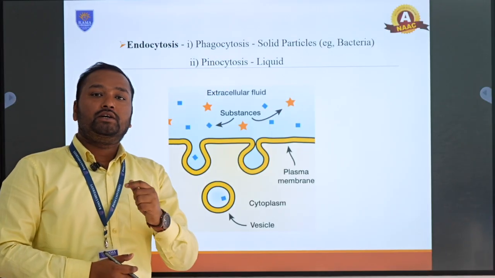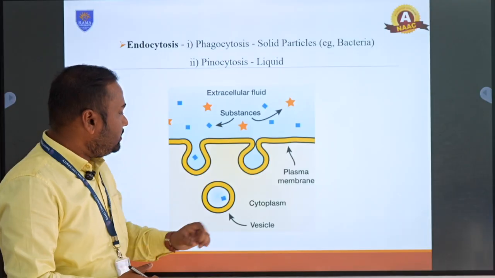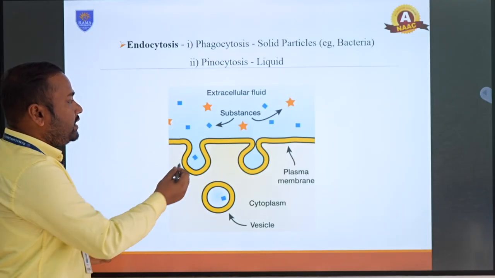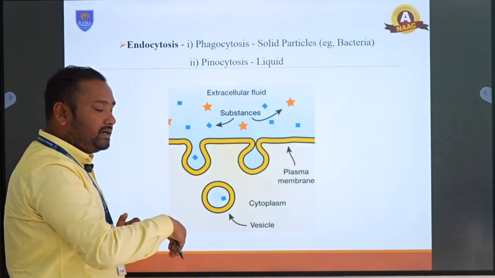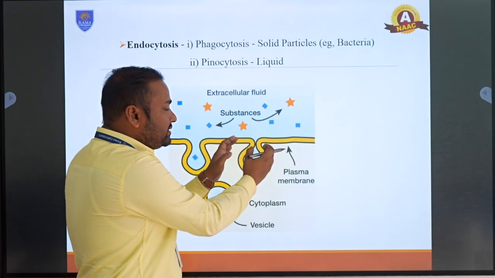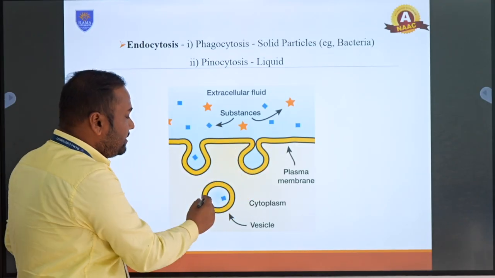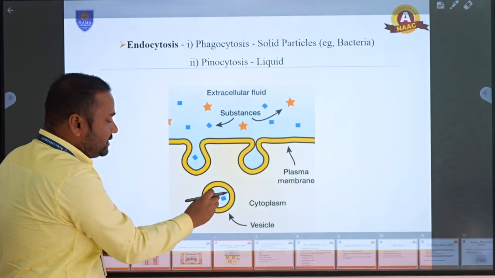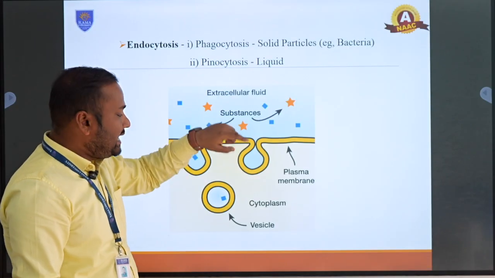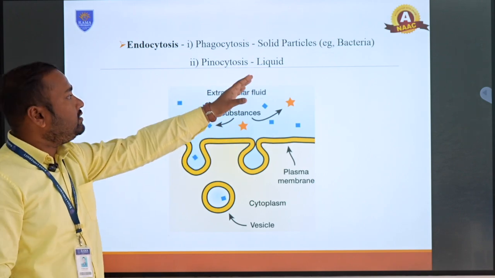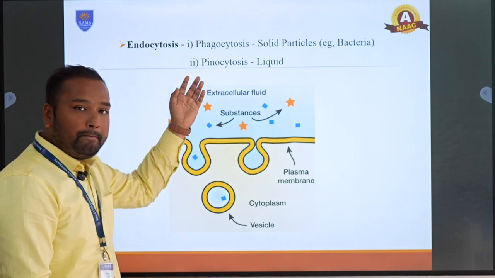Phagocytosis is where a solid particle gets engulfed. You can see whenever a substance is coming, the cell membrane goes deeper and covers the outer layer. It makes a vesicle where the molecules get absorbed. In this way, the solid particle gets absorbed. It is called phagocytosis, and when it is liquid, it is called pinocytosis.